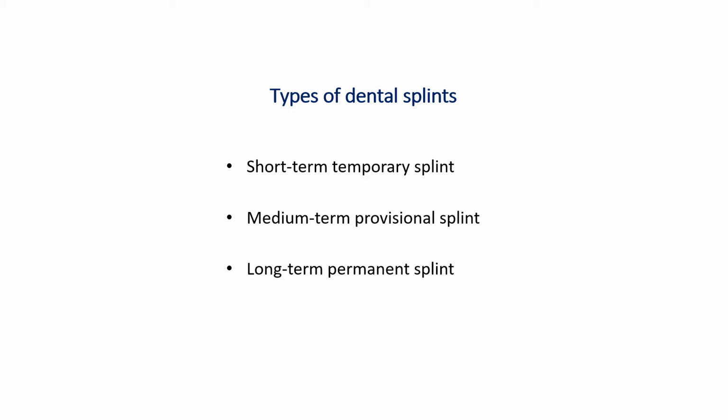It is used for diagnostic purposes, usually leading to a more permanent type of stabilization at the end of the therapy. While the third type, the long-term permanent splint, maintains long-term stability and may be either removable or fixed type.